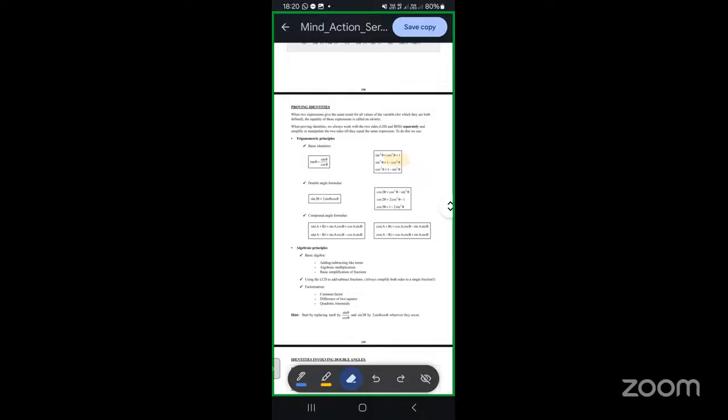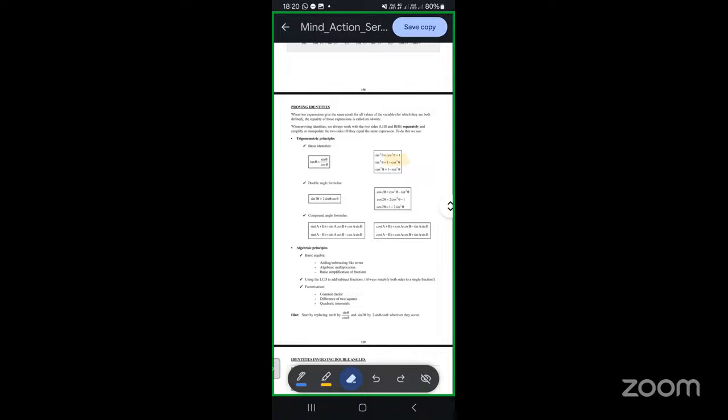Basic simplification of fractions: we will use the LCD to add wherever there are fractions. Then factorization, common factor, I think I told you this before. Difference of two squares, if it exists, you can go for it and factorize. Also quadratic trinomial, you can factorize if possible.